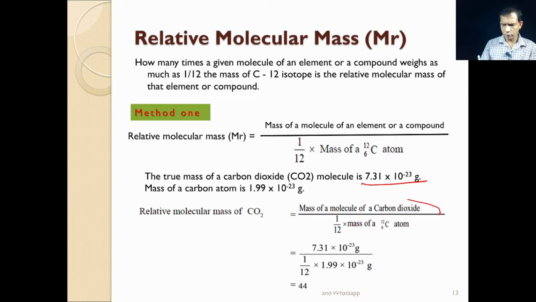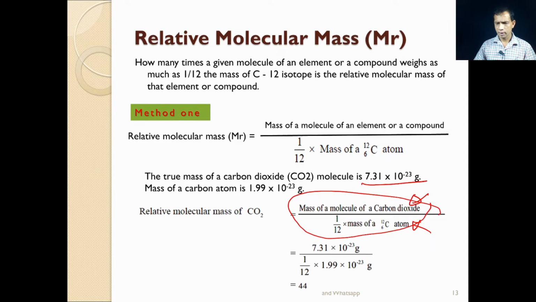Take the mass of a molecule of carbon dioxide and divide by AMU, the atomic mass unit, which is calculated by dividing the mass of the carbon atom, 1.99 times 10 to the power negative 23 gram, by 12. After the final calculation, you will get the relative molecular mass of carbon dioxide as 44.